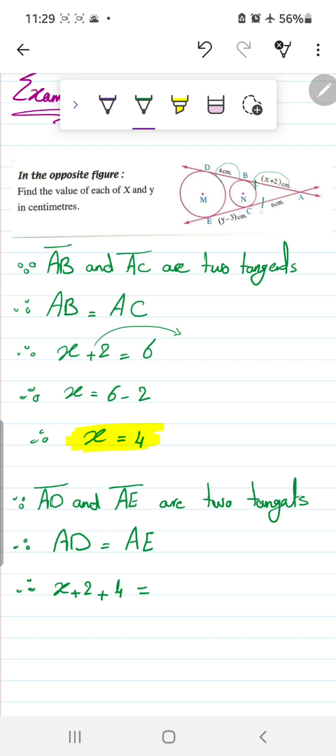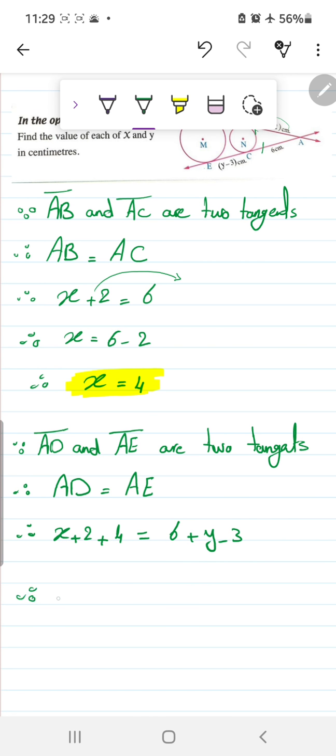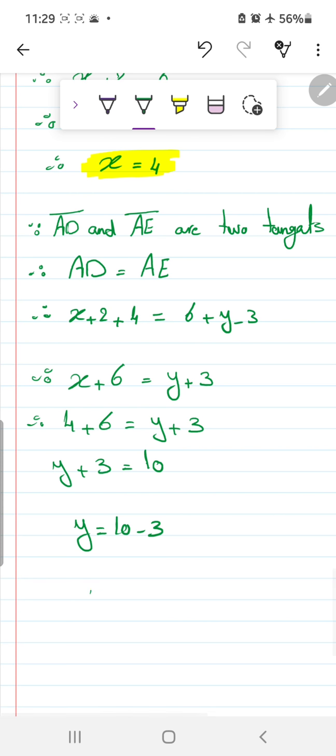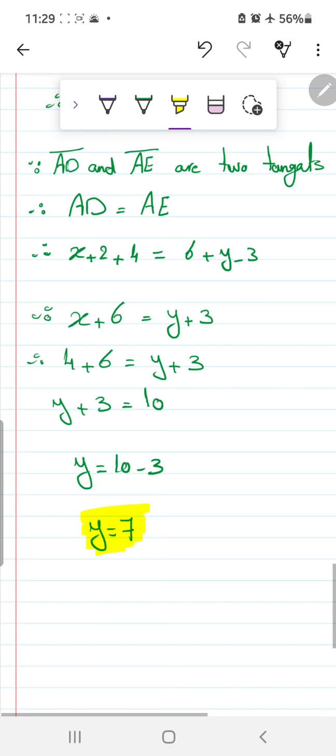And AE equals 6 plus y minus 3. Also, it's an equation. So here we have x plus 6 equals y plus 3. Substituting x equals 4, we have 4 plus 6 equals y plus 3, so y plus 3 equals 10. Remove 3, so we get 10 minus 3, it means y equals 7. So the value of x is 4 and the value of y is 7.